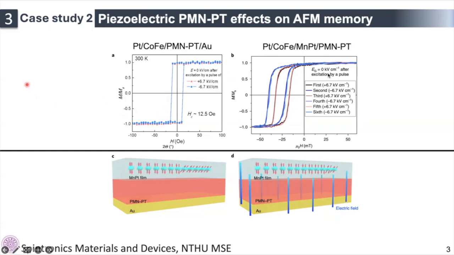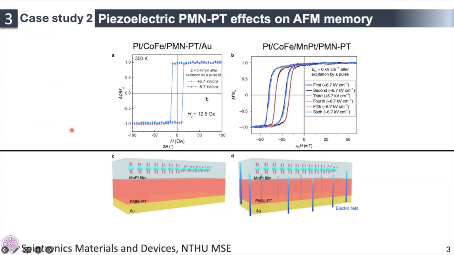We can clearly see that there is a strong exchange coupling between the copper iron and the manganese platinum, and there's no exchange coupling in the other case. So we can deduce that indeed the strain changes the magnetic properties of the manganese platinum.